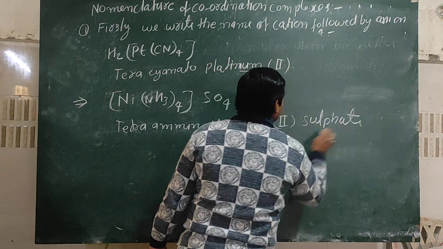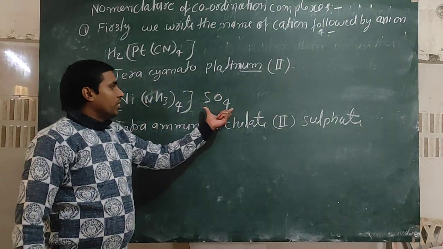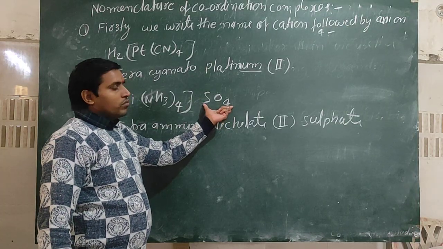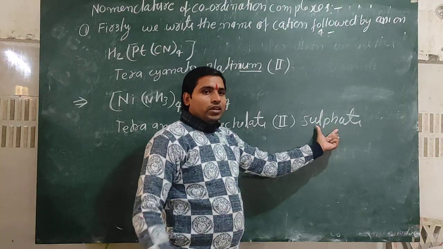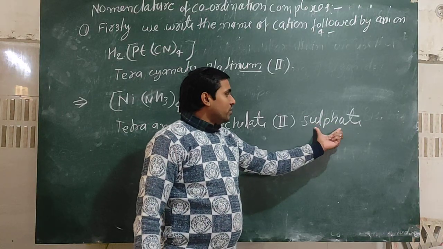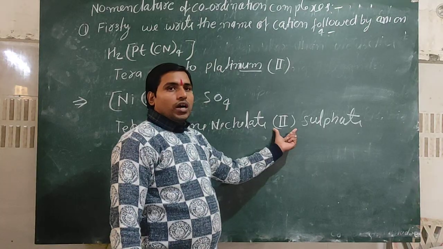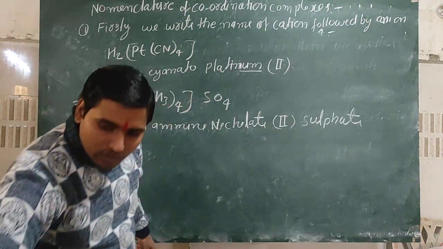On the basis of this, the name of the anion which is outside the coordination sphere is always written as such, with no change, but it is placed after the name and oxidation state of the complex.